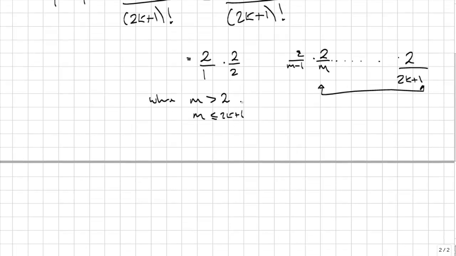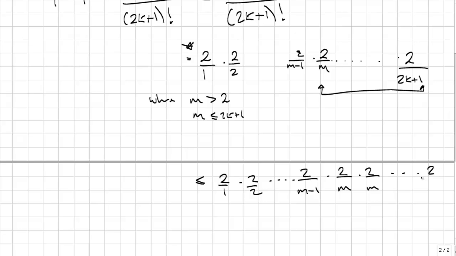I'm going to say that this must be less than or equal to 2 over 1, 2 over 2, dot dot dot, 2 over m minus 1, then 2 over m, 2 over m, all the way up to that last part, 2 over m.